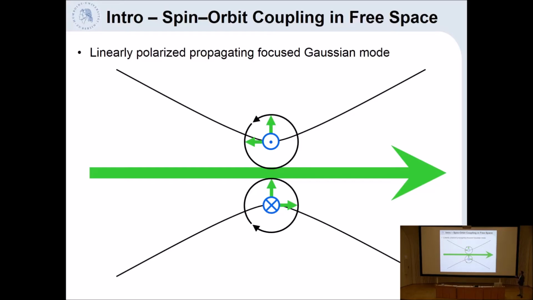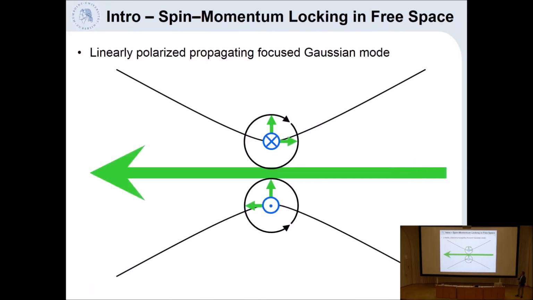So again, we see that there is spin-orbit coupling. So the transverse spin depends on the transverse position in my mode. And also, if I now reverse the direction of propagation, the transverse spin will flip its sign and point into the board above the beam axis when the light goes from right to left.